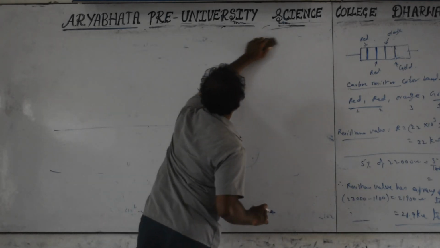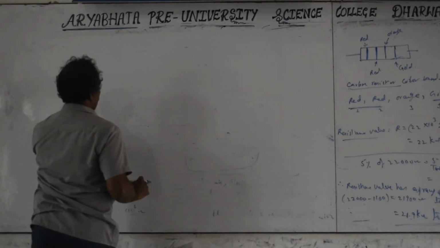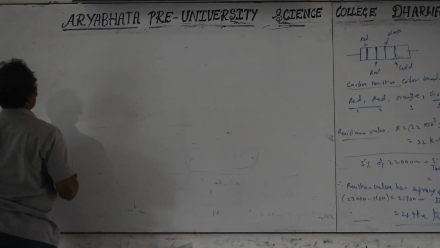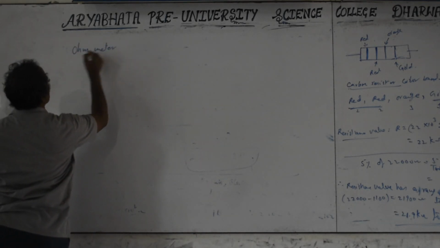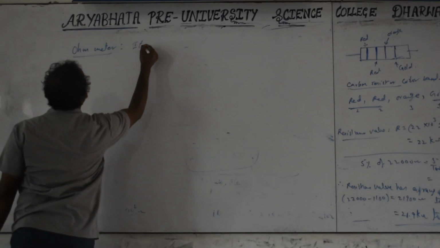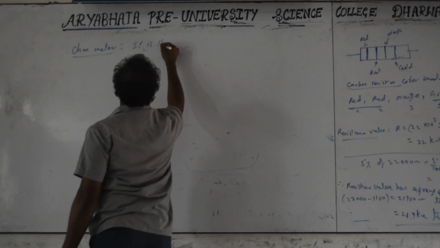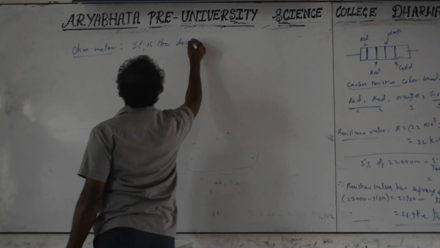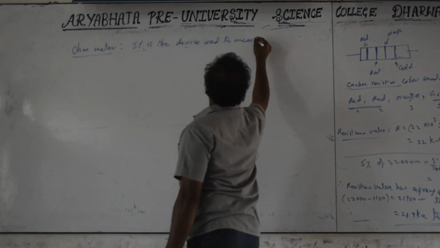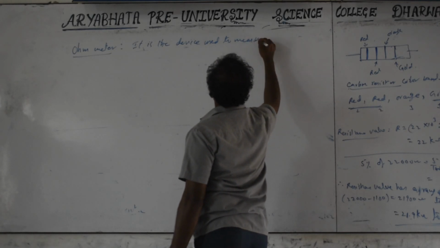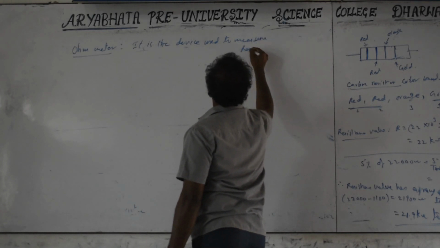Next, the device used to measure the resistance. That is the ohm meter. It is the device used to measure resistance.